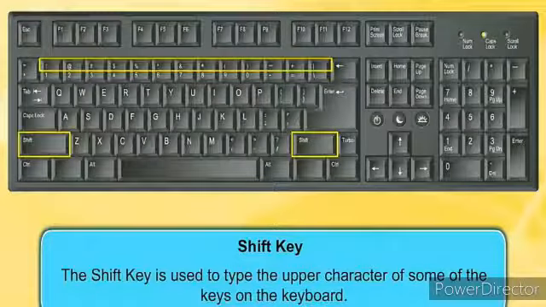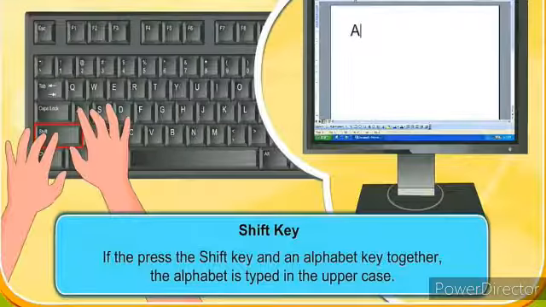Shift key. The Shift key is used to type the upper character of some of the keys on the keyboard. If you press the Shift key and an alphabet key together, the alphabet is typed in uppercase.